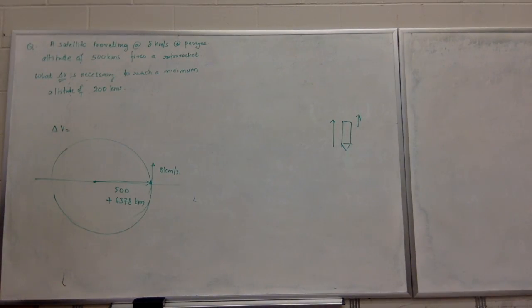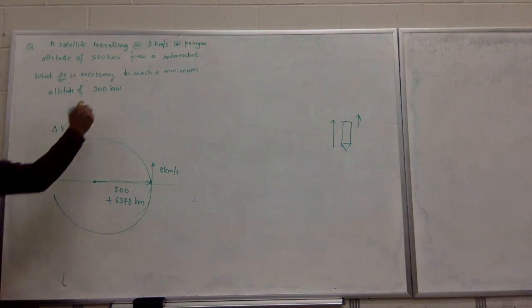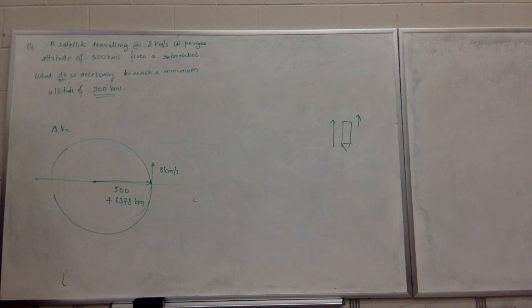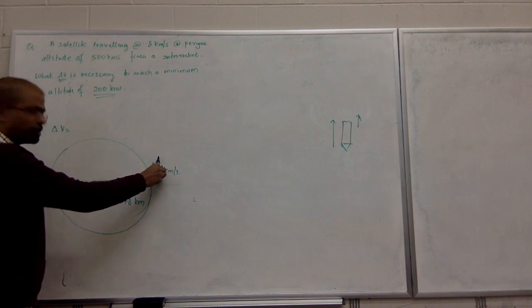So this is the picture that we should draw, just to graph this. This is the initial orbit. Okay? What is it doing? In which direction will the rockets be fired? The rockets will be fired in this direction.